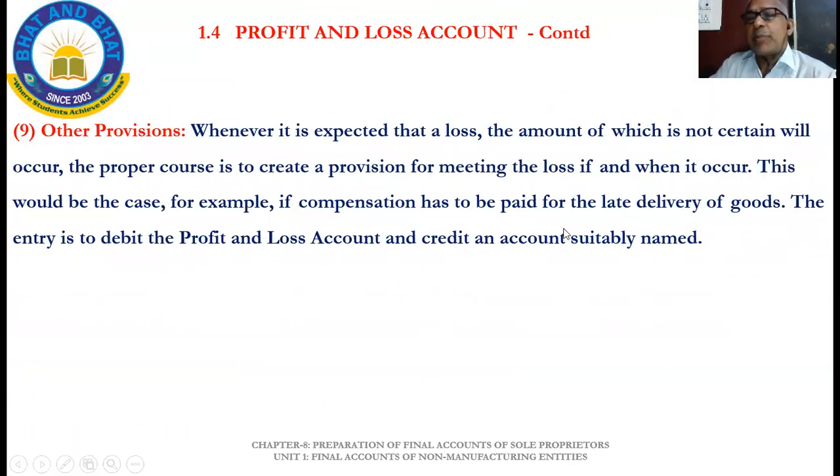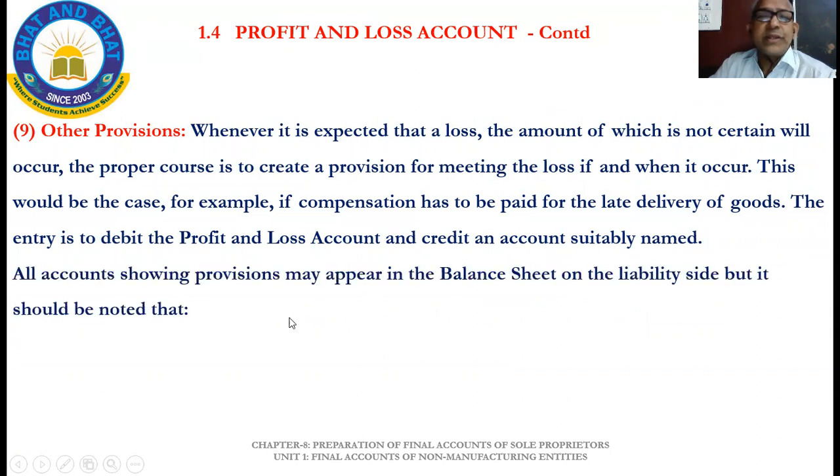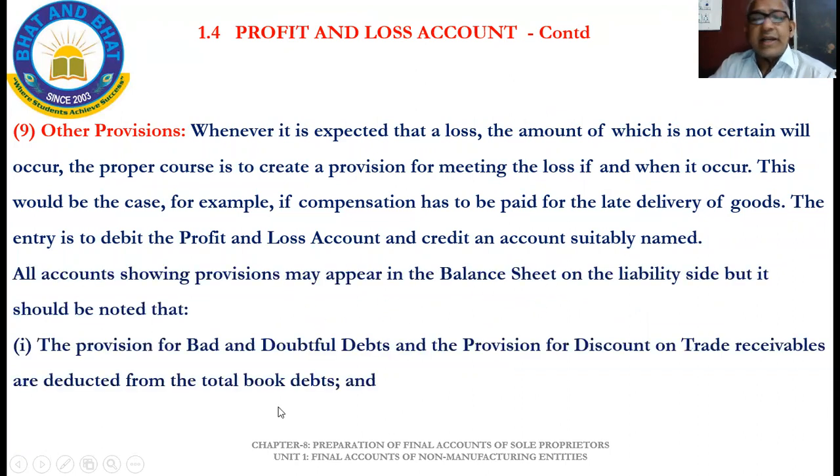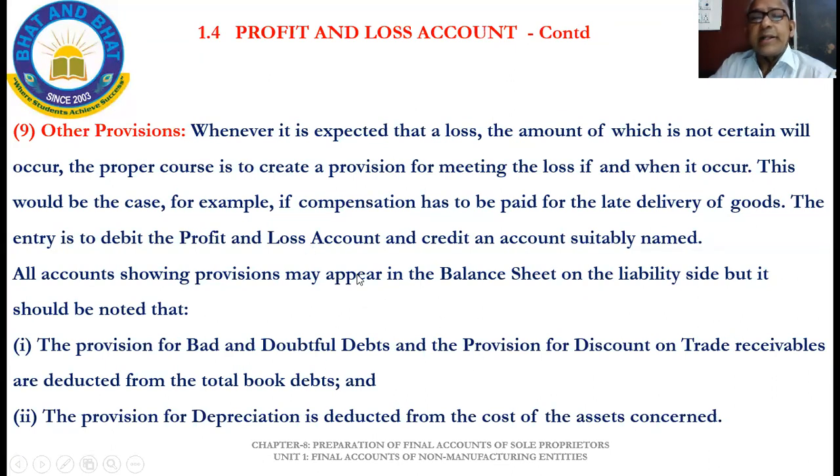Then if anything is expected, that there may be a failure to get the payment and all, such provisions will be done. The provision for bad and doubtful debts and provision for discount on trade receivables are deducted from the total book debts.